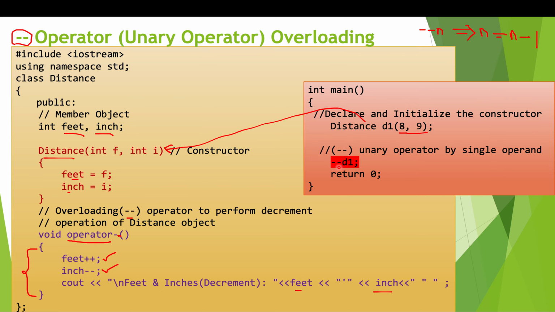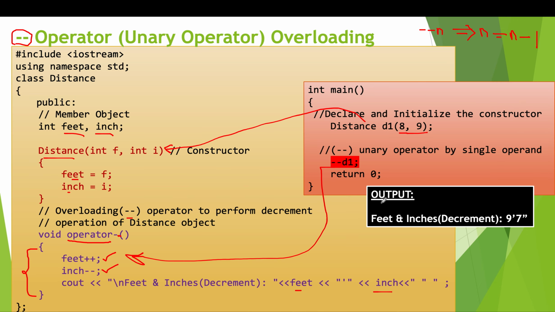We write the name of the operator, and after that the name of the object. So we will write minus minus d1. When we write this, this particular function is going to get called. Feet will increment by 1 and inch will decrement by 1, and it is going to print the value of feet and inch. So is this clear?